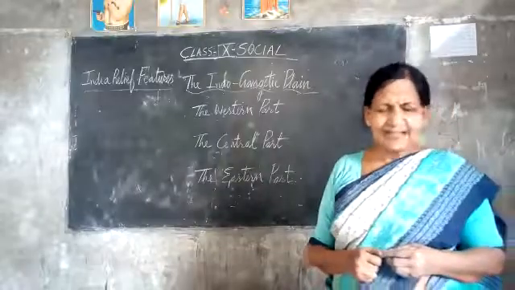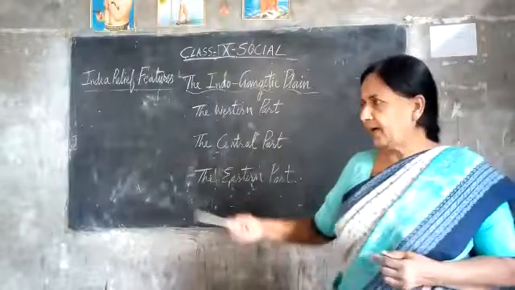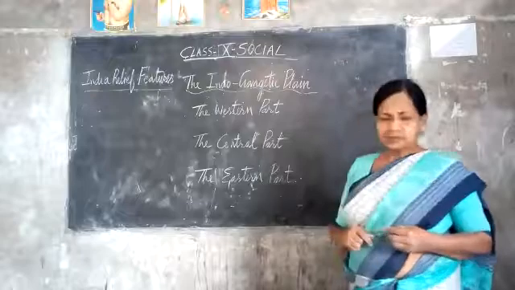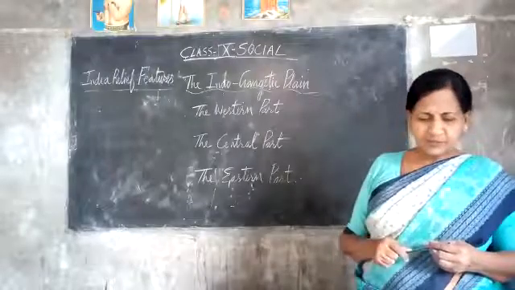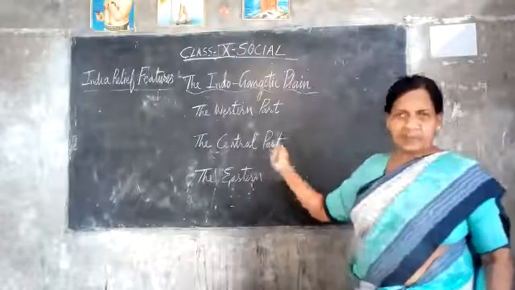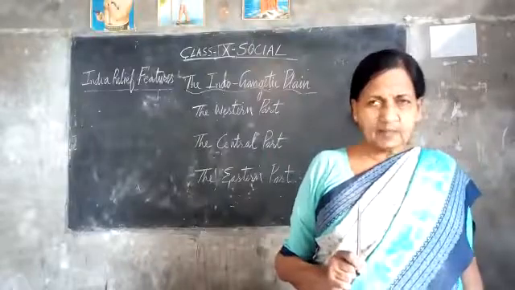We are going to the central part now. What is known by the central part? Here is the central part. Can you notice, children? The second part of the Indo-Gangetic Plain.